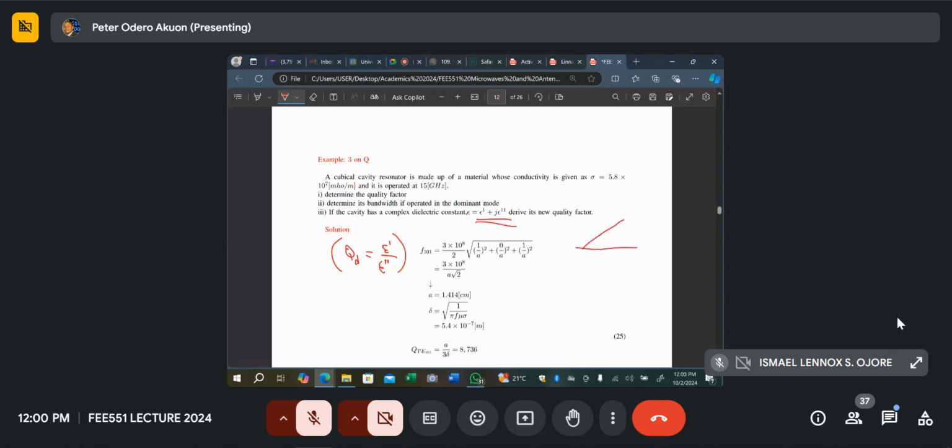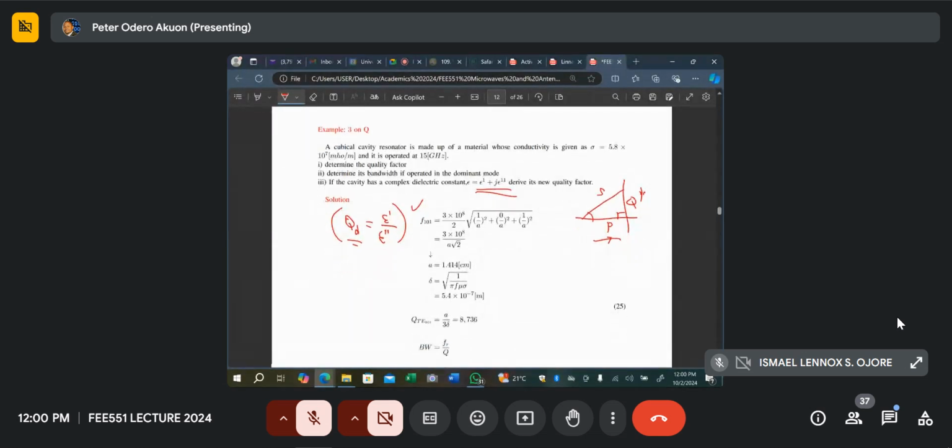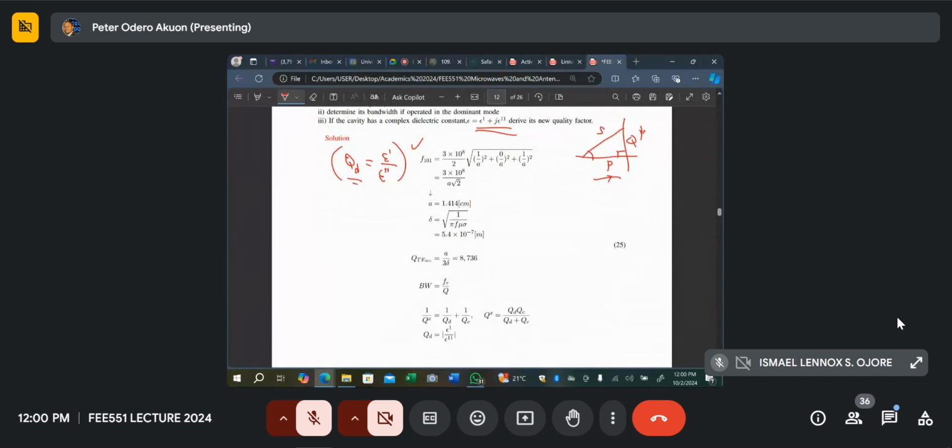Thank you. So you have QD, the dielectric loss, where epsilon 1 is like P, whatever is coming in, and this is returned. So it's like a loss. You have to calculate the quality factor in terms of that permittivity. And now you combine it with the loss in the cavity.